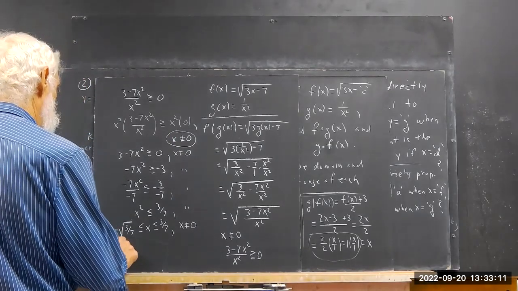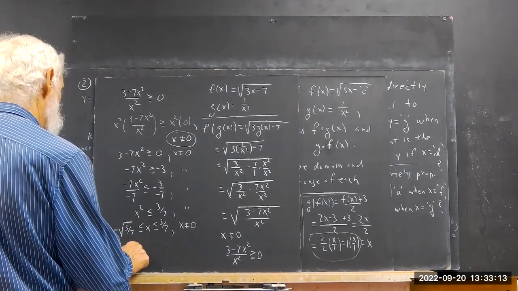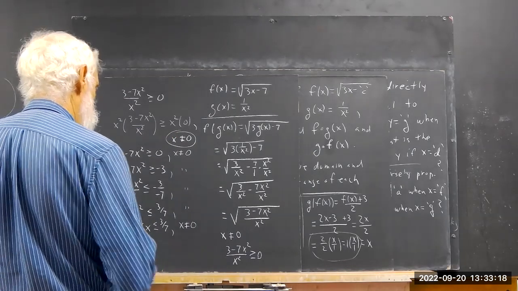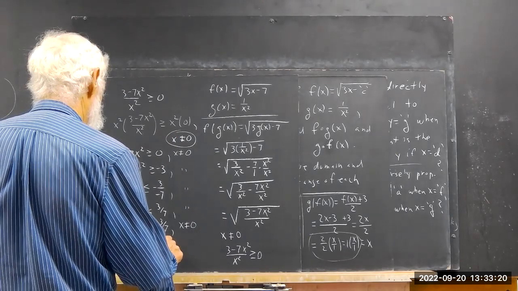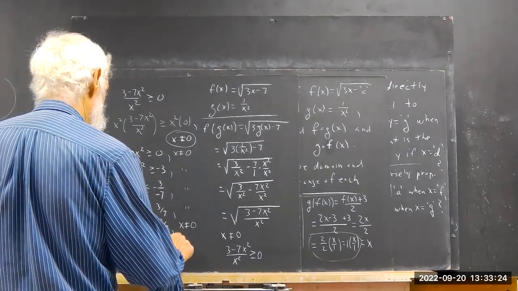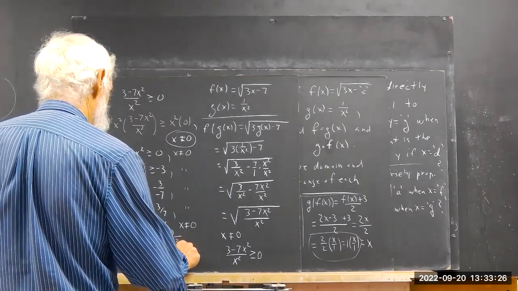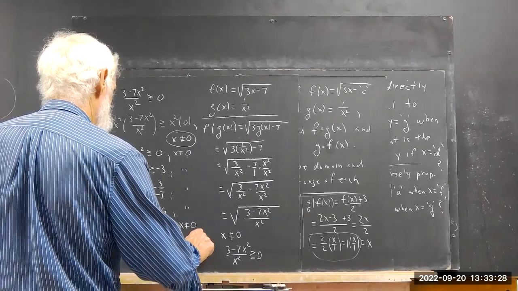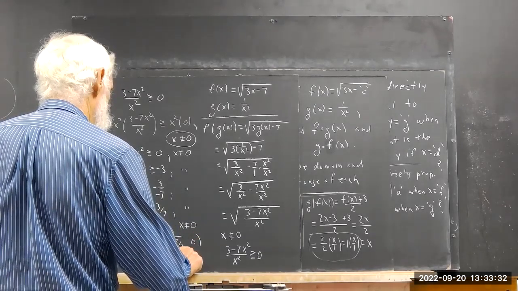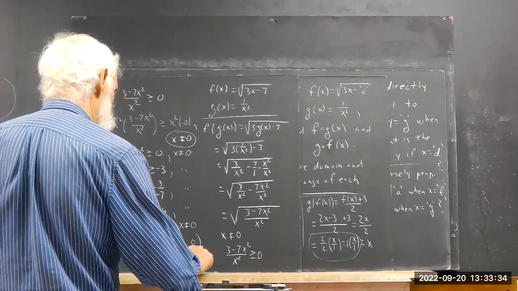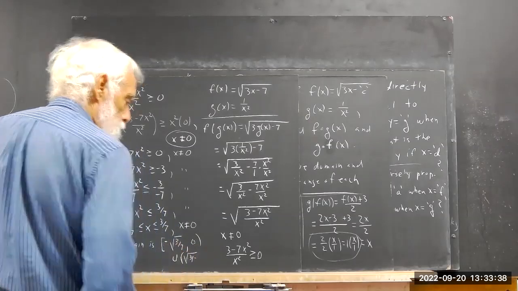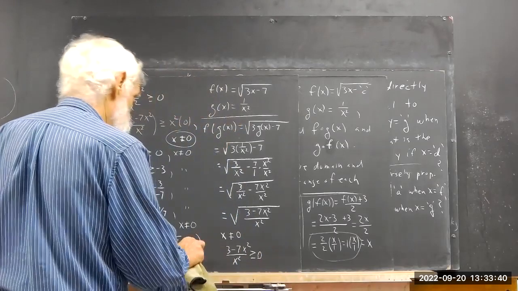So the domain is negative square root of 3/7 to 0, union 0 to square root of 3/7.